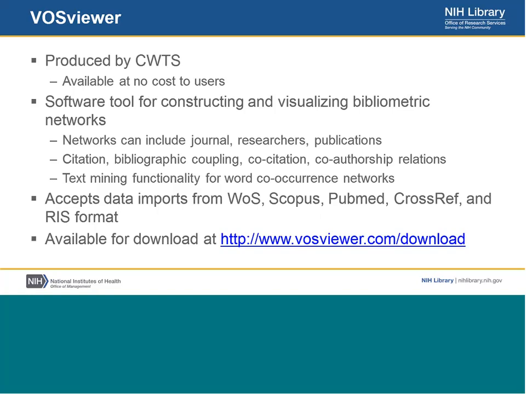You can do citation networks, bibliographic coupling, co-citation, or co-authorship relation type networks. There are some text mining functionalities built in, which will enable you to do word co-occurrence networks. Again, VOSviewer is really great in that it accepts immediate data imports from Web of Science exports, Scopus, PubMed, Crossref, and RIS format.